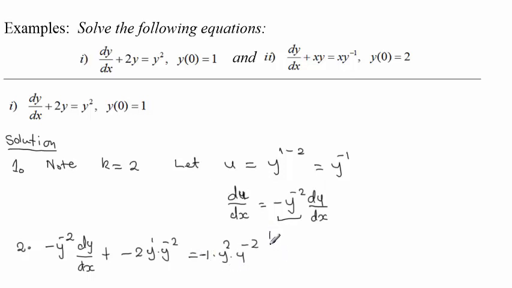Then let's draw a line here. You can see clearly that this is going to give us 1, and there we're going to be left with minus 1. And this is going to be u, so du dx.